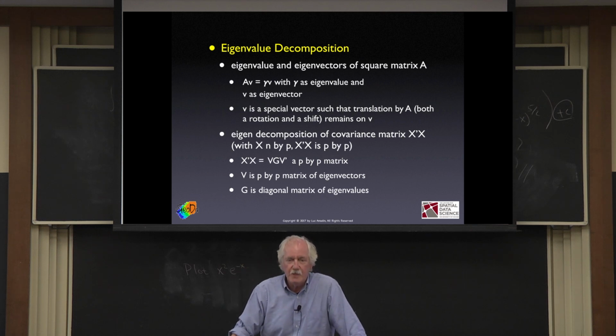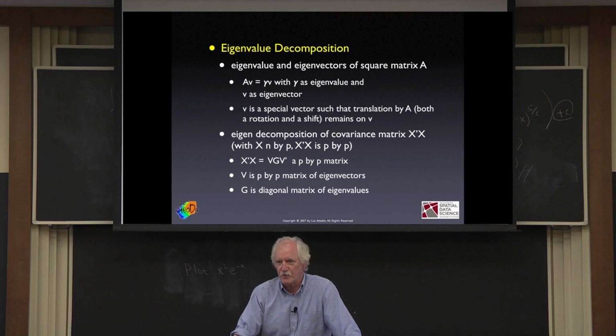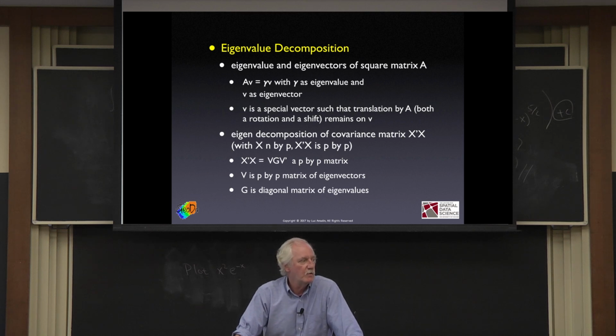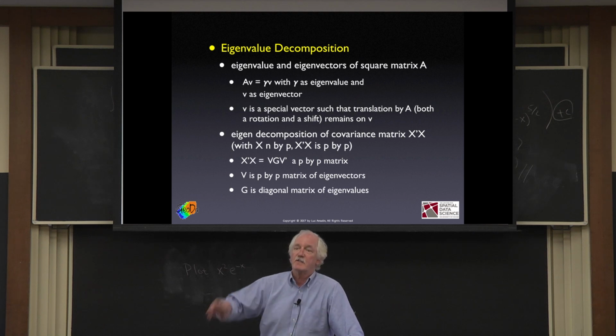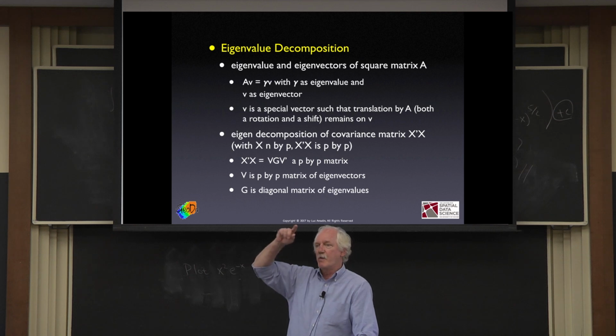It turns out these coefficients are the values for the eigenvectors of the cross product matrix. So if you have the matrix of observations as x, then you do in matrix algebra x prime x. So x prime is x transpose. If x is of dimension n by p, n observations, p variables, then the transpose is p by n.